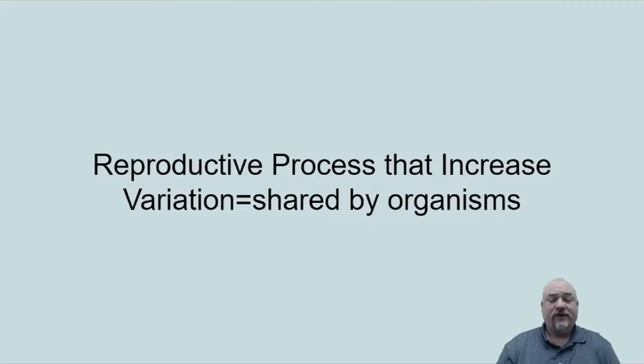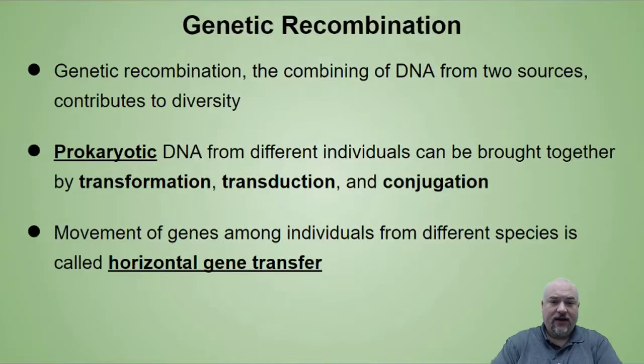All right, there are some reproductive processes that can increase the amount of variation within organisms and that can allow organisms to share those variations. And we call that genetic recombination.